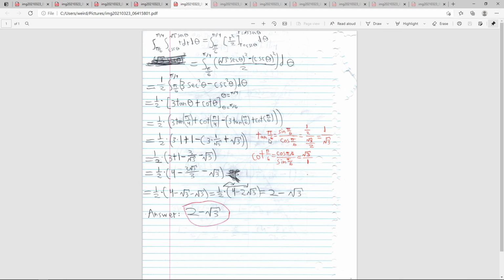From trig, tangent of pi sixth is 1 over square root of 3. We had this at the beginning. Cotangent of pi sixth is square root of 3 over 1, because it's cosine over sine instead of sine over cosine. You evaluate it and simplify things down, and it's 2 minus square root of 3.